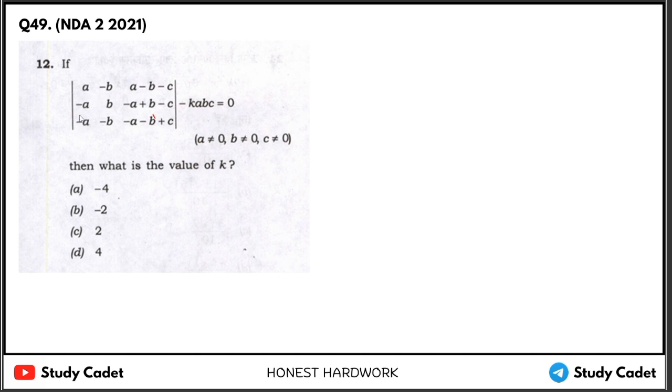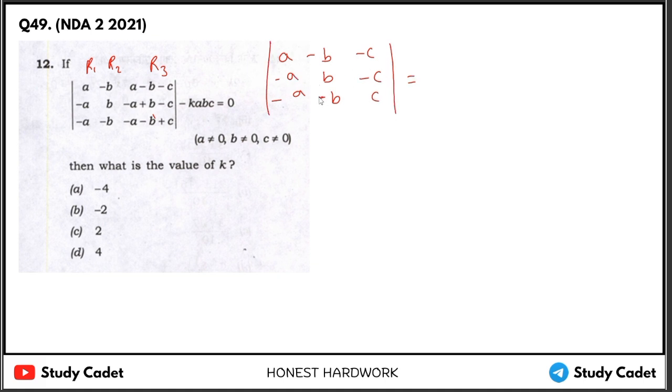If we add both the rows, row 1 and row 2, and then subtract it from row 3, then we are left with a minus b, minus a, plus b, minus a, minus b, and then we are left with minus c plus c.